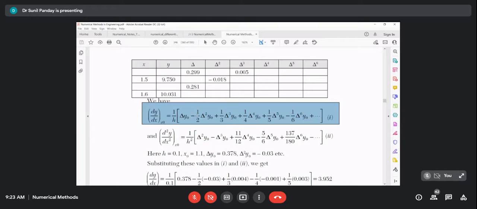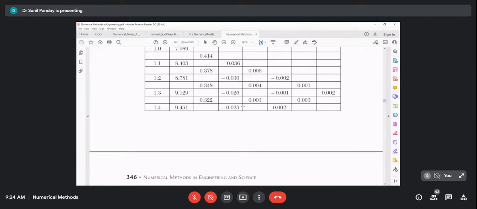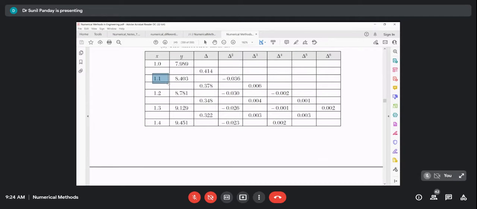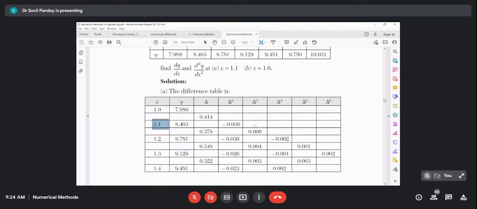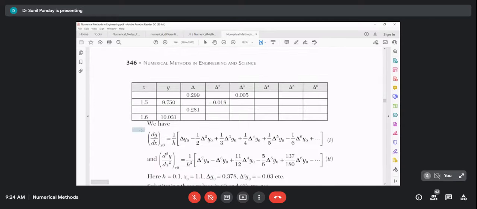This is the Newton forward derivative formula for the initial point, and they have shifted their initial point to this point. So if they are taking this as the initial point, there is no requirement to apply p equals 1 in the formula, as when we developed the Newton derivative formula. When it is required at the first point, you put p equals 0 and you will get this kind of formula.